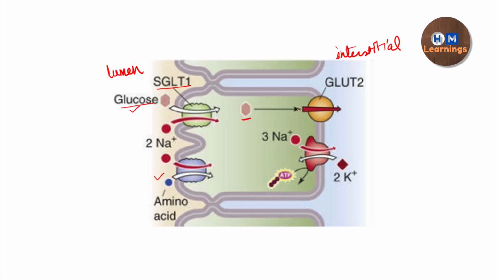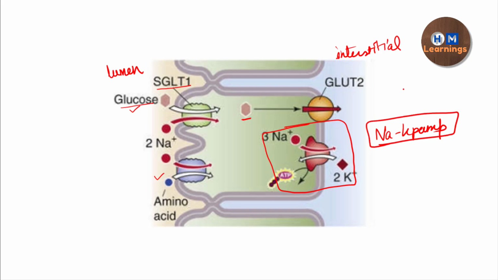Now once the glucose has entered inside the cell, another transporter which helps its transport from inside the cell to the outside is present on the basal side. And the very important one, which is found exclusively on the basolateral sides of the membrane, is the sodium potassium pump.